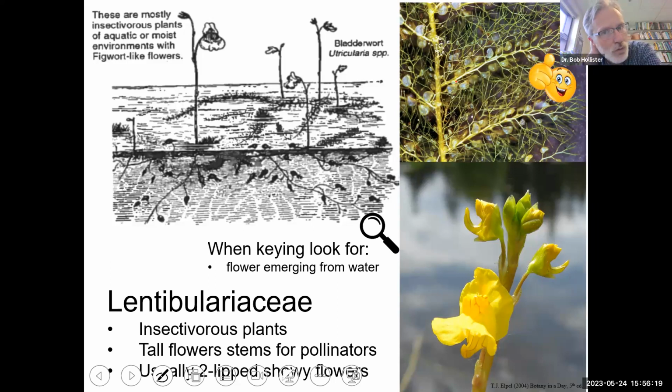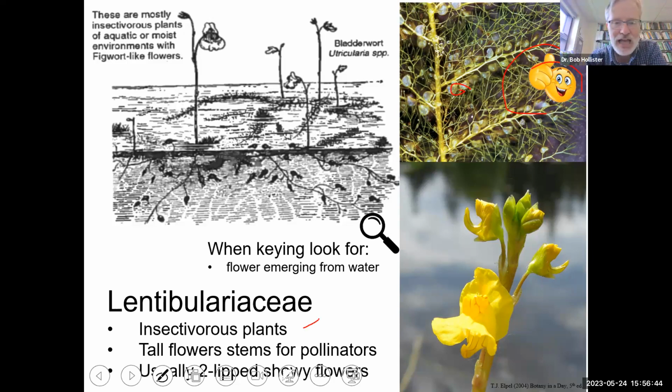Lentibulariaceae. These ones are quite easy because they're carnivorous. They've got these little bladders. So that's the little guy with the thumbs up. If you see bladders, then it's a Utricularia.